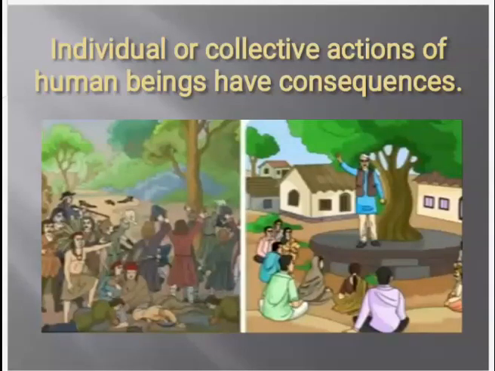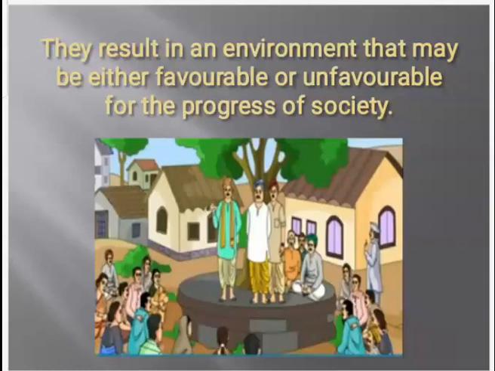It means that it may be good or bad for the progress of society. This affects our day-to-day life. For example, if the people of a village work together and help one another, the village makes good progress.